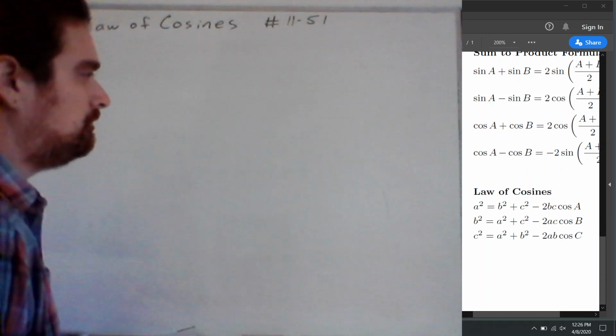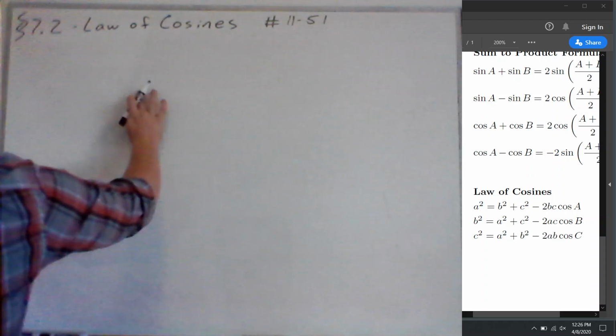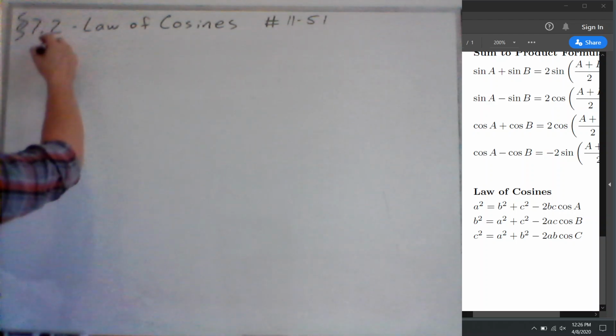So now I want to do a problem that's a little bit different style, a little more geometric.